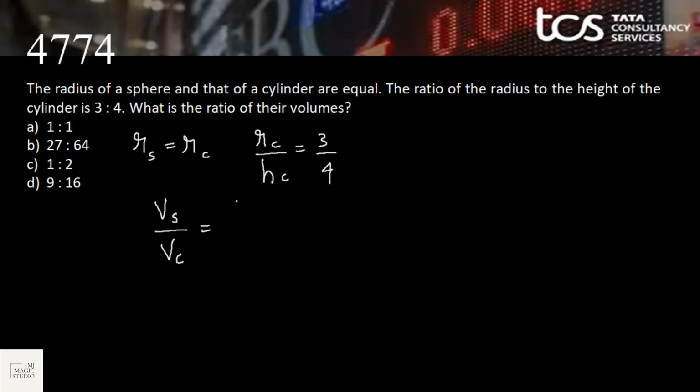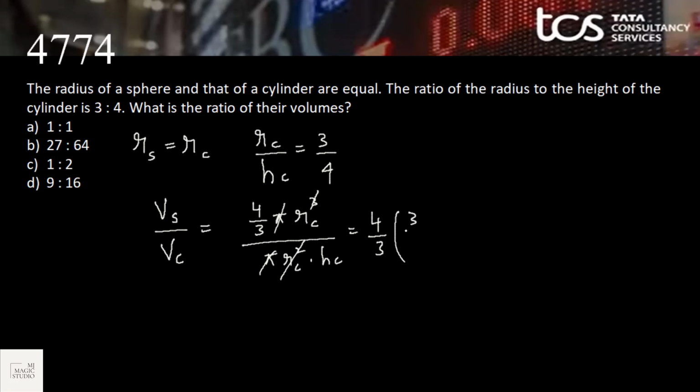Volume of sphere is 4 by 3 pi r cube, and volume of cylinder is pi r square h. Pi gone, square thing gone. So this is 4 by 3 into Rc by Hc. Rc by Hc is 3 by 4. So it comes to 1. That means the volume ratio would be 1:1. Option A is the pick.